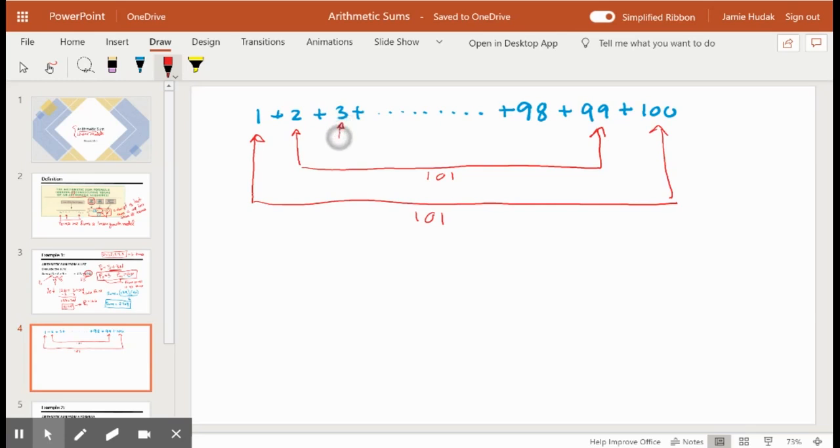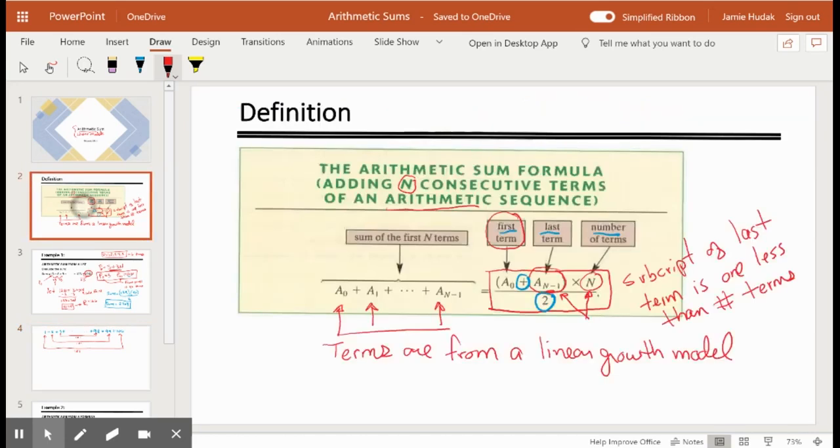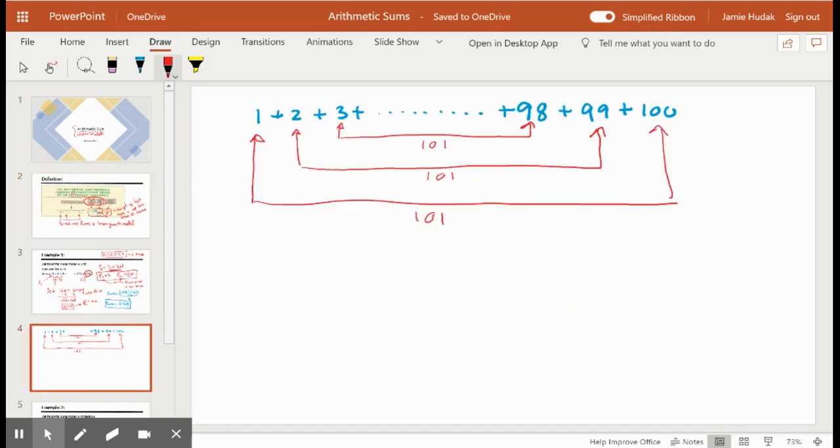What happens when you add the third number to the third from the last number? 3 plus 98 gives us 101. So we're getting the sum of the first and last number multiple times. So that should make sense of the first part of our formula, that we're adding the first and last term together. Well, first plus last terms.